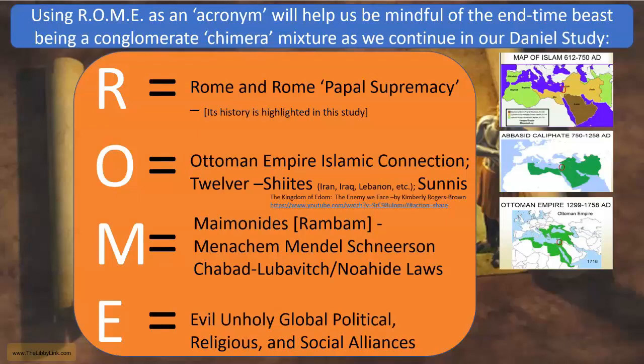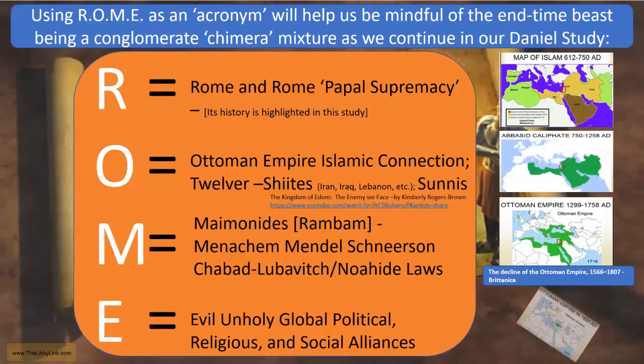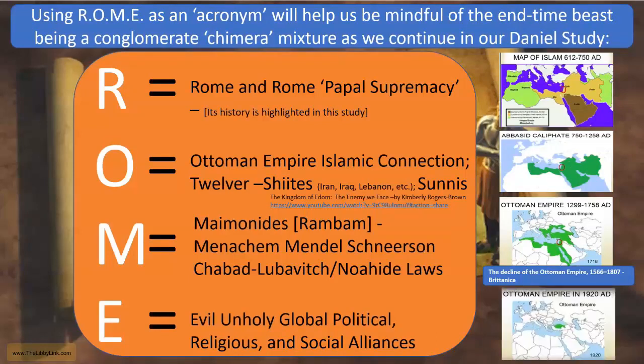And again, the little red circle shows where present-day Jerusalem is. The decline of the Ottoman Empire started taking place from 1566 to 1807, and that was just sourced out of Britannica. And then the Ottoman Empire showed a great decline on this map in 1920 AD. It wasn't very large at all.